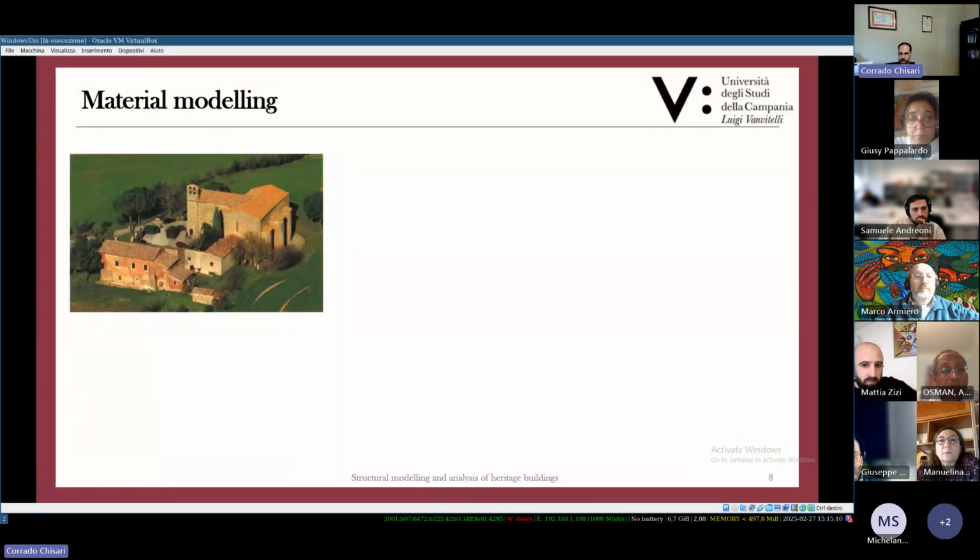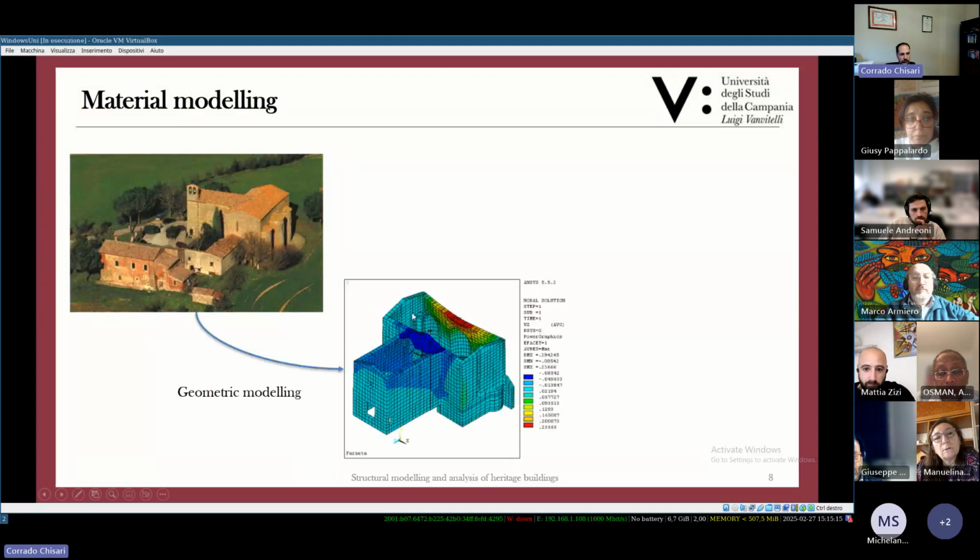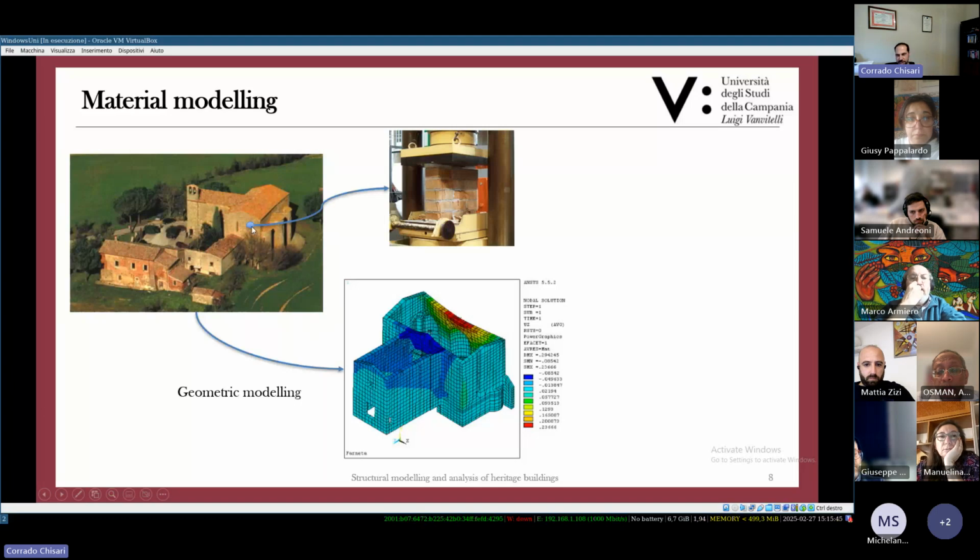Well, when we have a structure, so think of this church, we can create a geometric model of the structure, and to solve the mathematical problem, we need a way to transfer the external loads to the internal state of stress, state of deformation, how this building reacts to external loading. To do so, we generally consider a very small part of the material, a point that in the case of masonry is not a real point, but is a small ensemble of blocks and mortar.